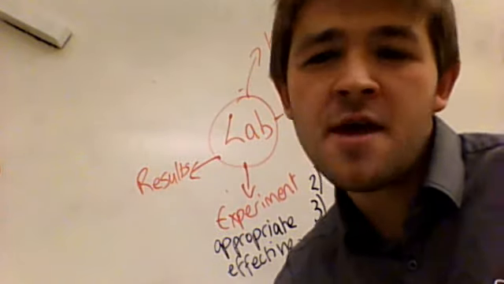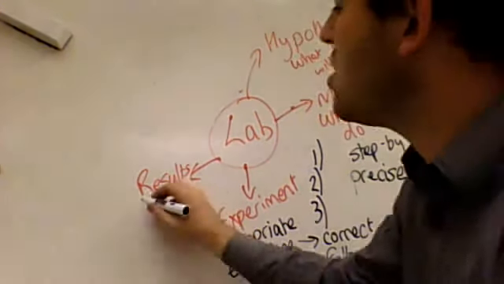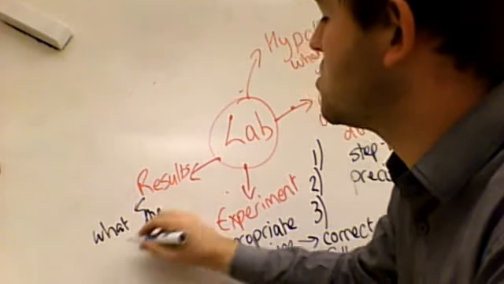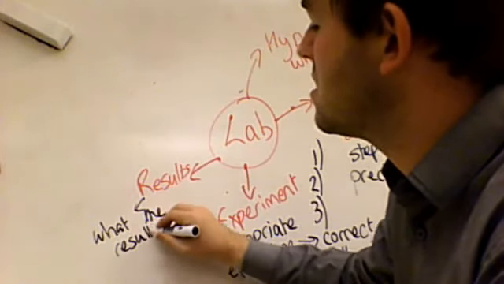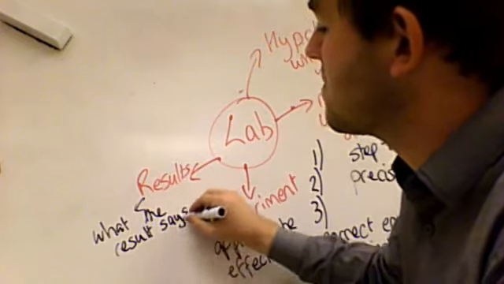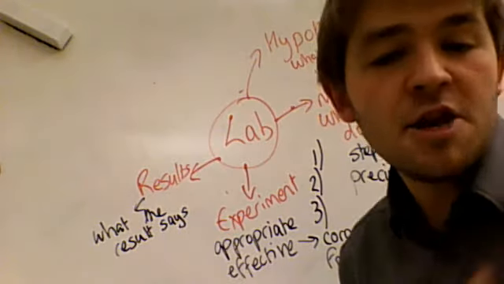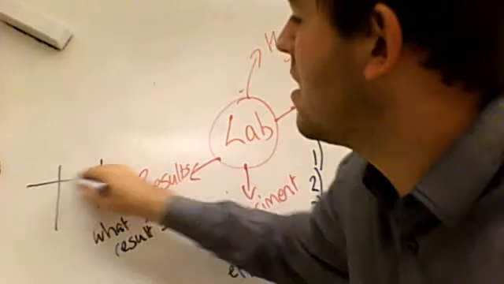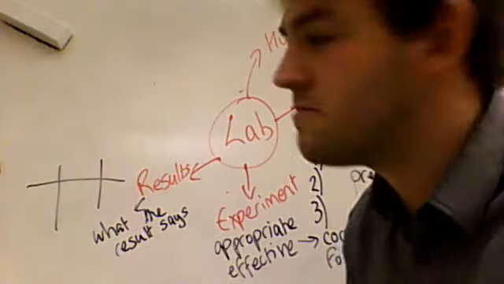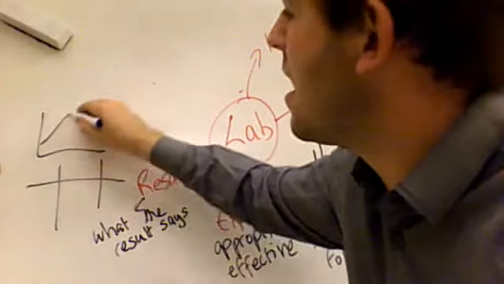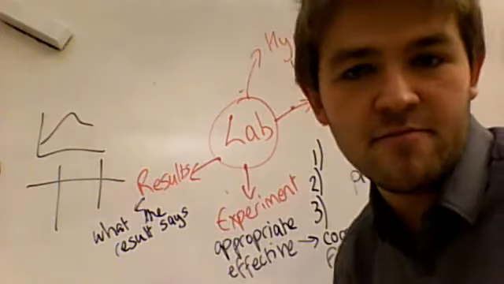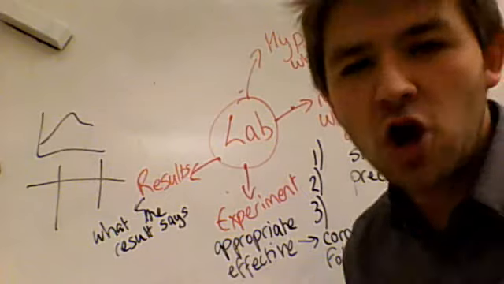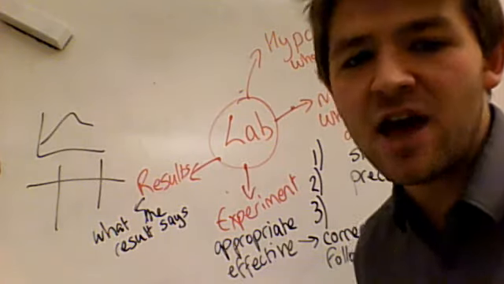So for me, make sure that you tell me what the result says. And you may need more ways to do it. You may draw a table to help explain. You may draw a graph to help explain. Those pictures could be really useful. Show it in a really clear way.